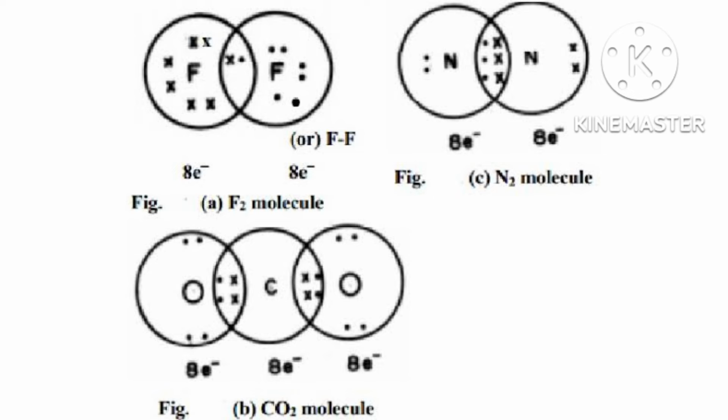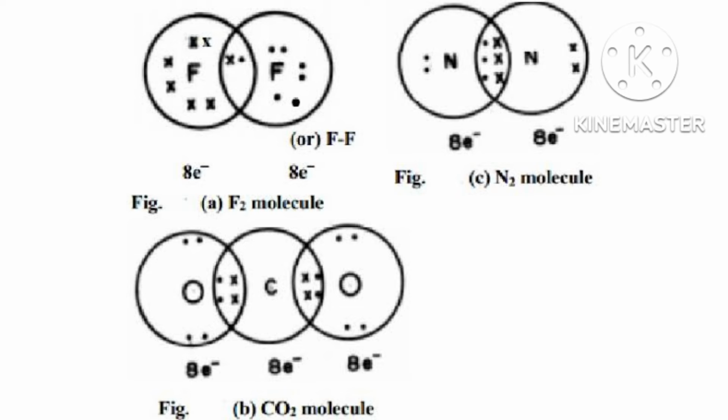How does a negative ion form? When a neutral atom takes an electron, a negative ion forms. When a neutral atom loses one electron, it becomes one positive, which is called an electropositive element.